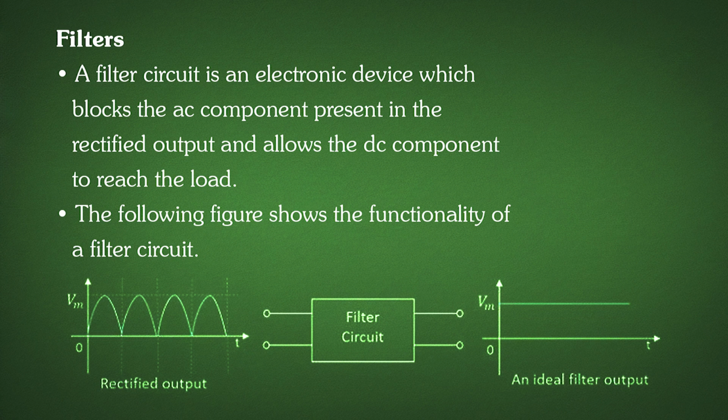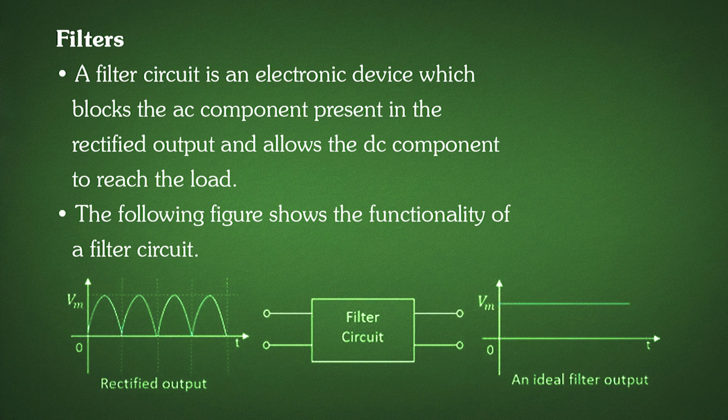So, what a filter circuit does is block the AC component present in the rectified output and allow only the DC component to reach the load side. In this way, at the load for which we require a DC supply, a pure DC is obtained.